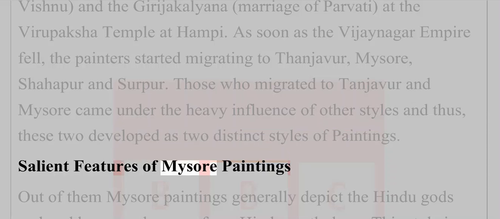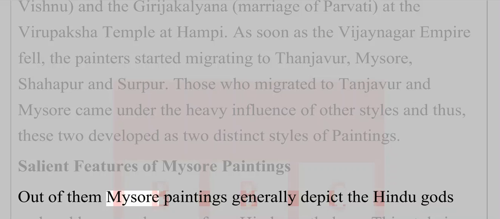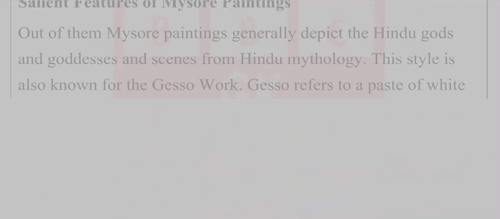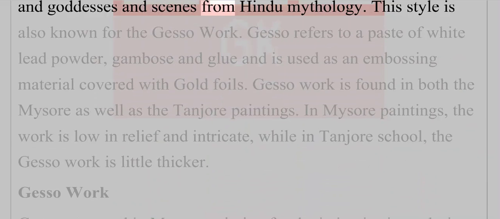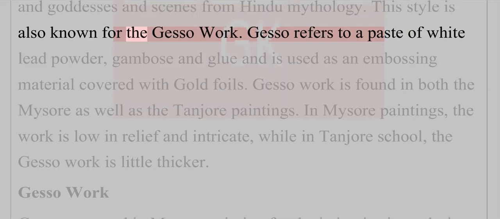Salient features of Mysore paintings. Mysore paintings generally depict the Hindu gods and goddesses and scenes from Hindu mythology. This style is also known for the gesso work.